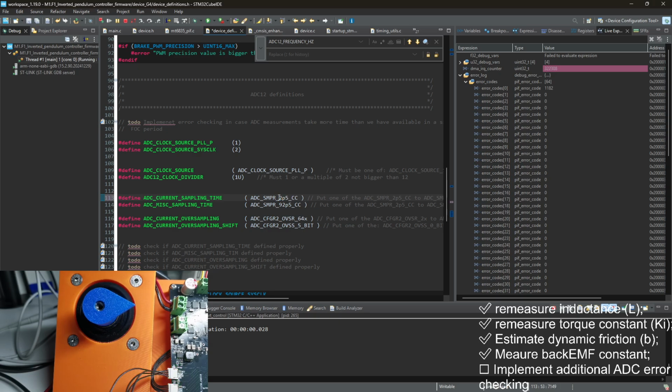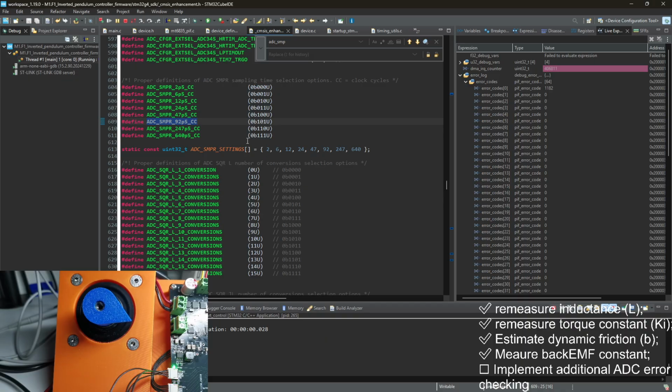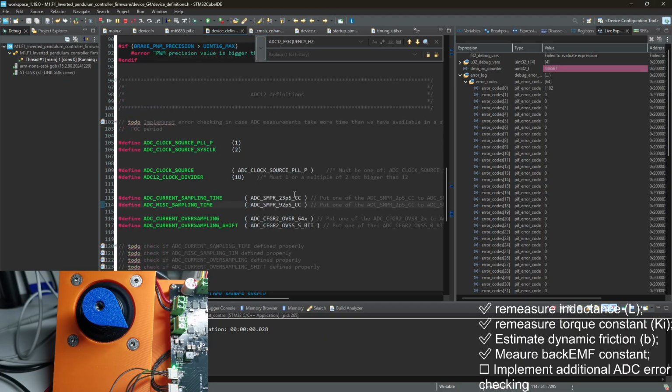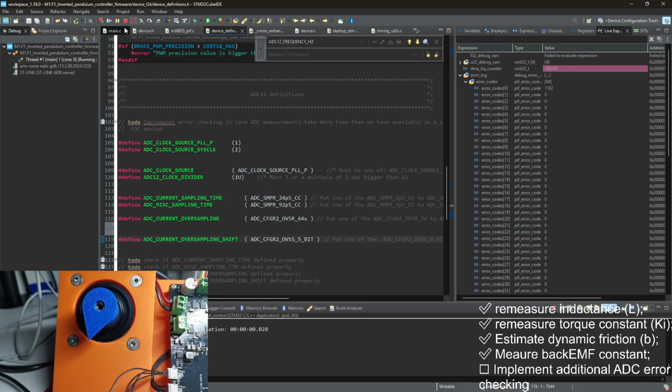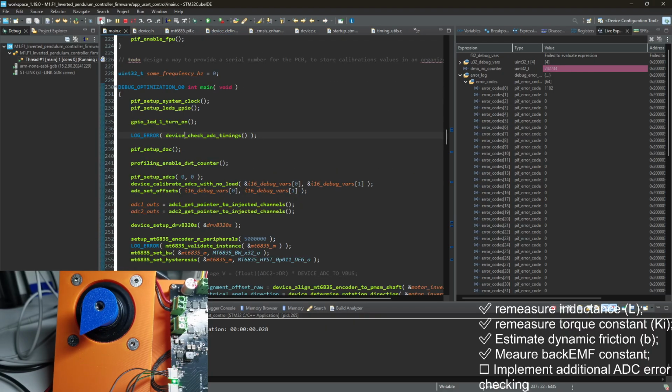Let's say 23. Is this a thing? No, 24 is a thing. 24. So, and let's test it. Now with 24, it should be a correct value.